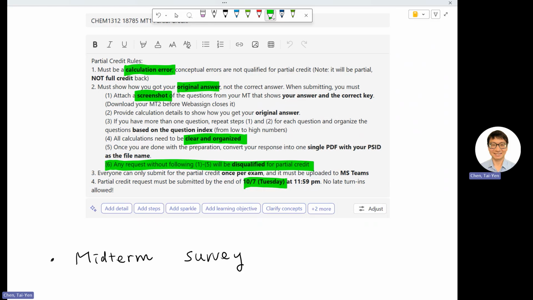Any other questions for this? Okay. There's another thing that's really important: next week we are going to do the midterm survey. So make sure you do it. It's a simple credit you can get. If you check the syllabus, there are 2 points from the assignment that the instructor can decide how to give out.